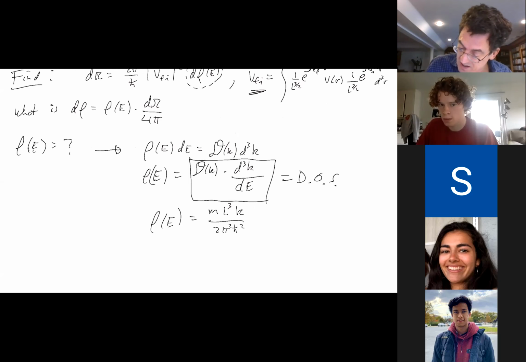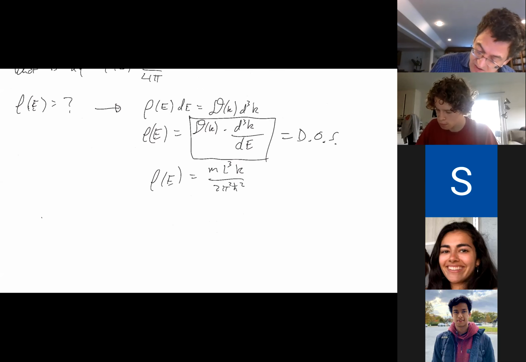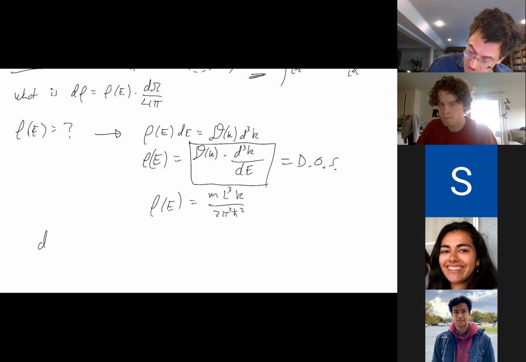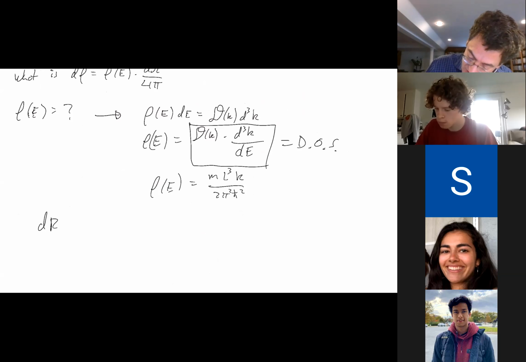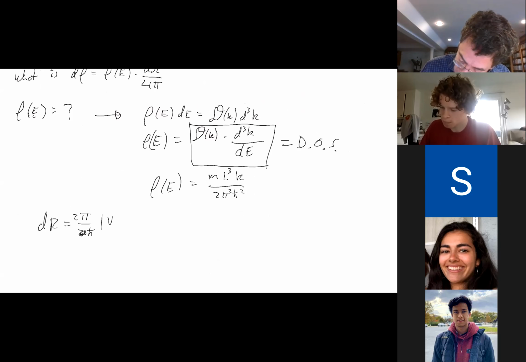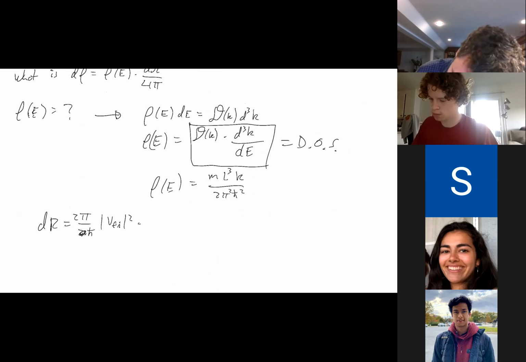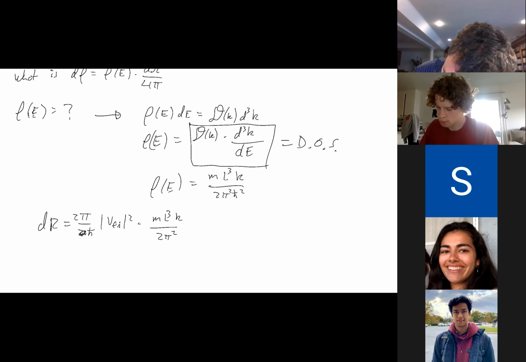When you plug that all in, we see dr is equal to 2 pi over h bar times V_fi squared times m L cubed k over 2 pi squared h bar squared times d omega over 4 pi.